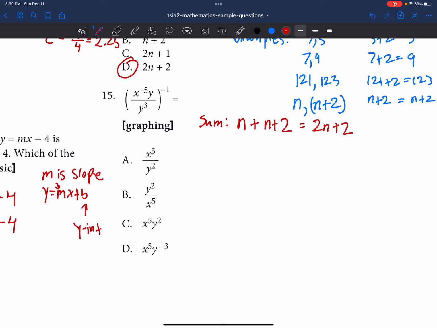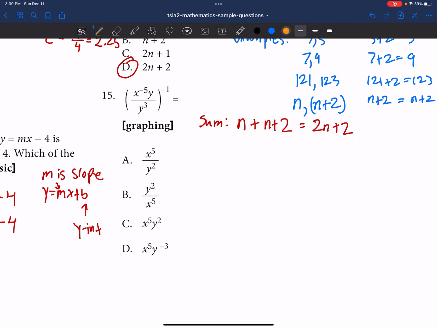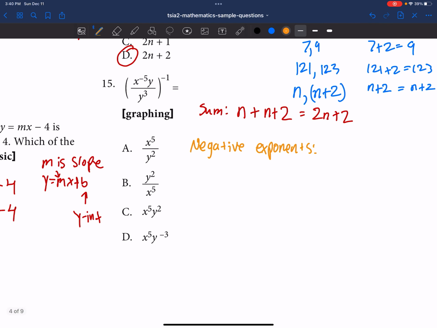Now, if you've never dealt with a negative exponent in your life, here is the basic gist. I'm going to do this in gold since this is new. Negative exponents. The basic gist of a negative exponent is that x to the power of negative 1 equals 1 over x.